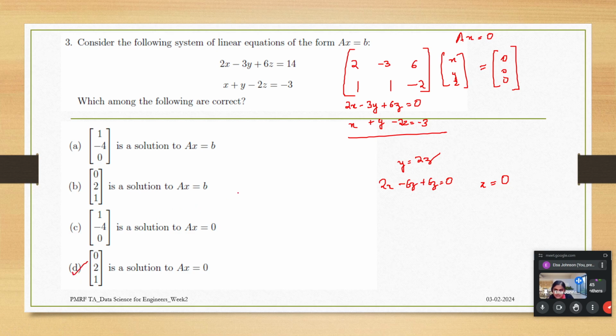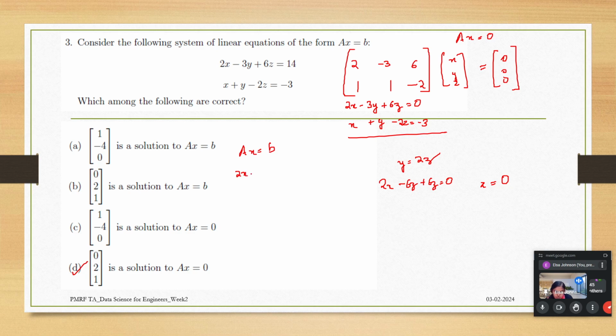Okay, then next thing we'll be looking at Ax = b. What is the case for Ax = b? For that we will be solving with the given equations, 14 and minus 3. So that is the Ax = b form.